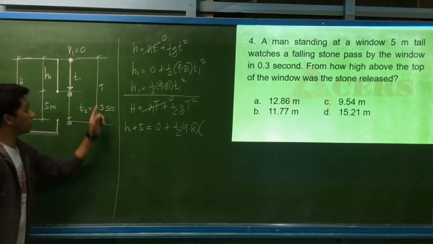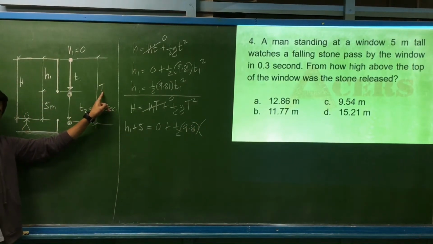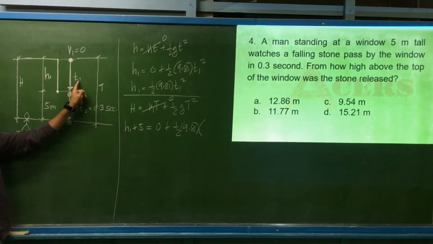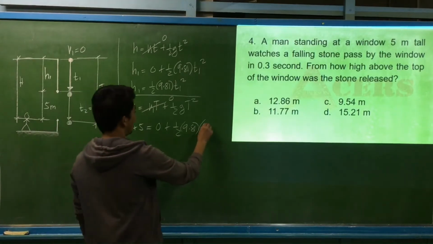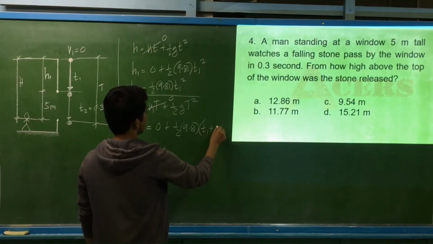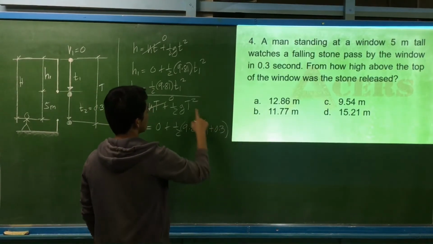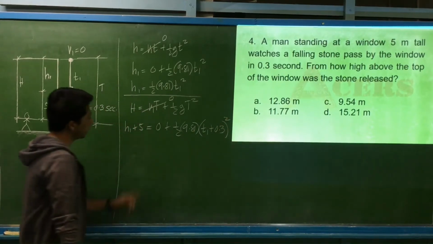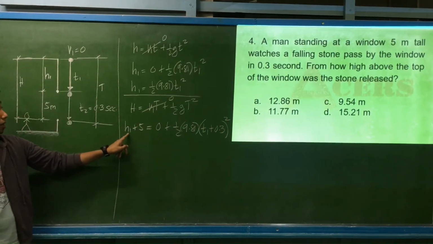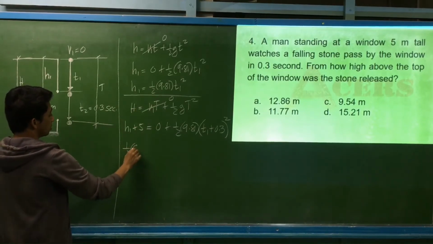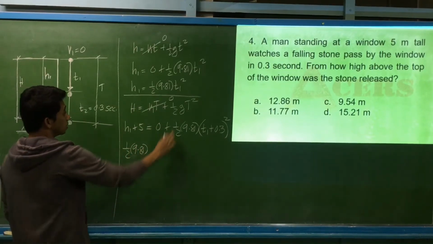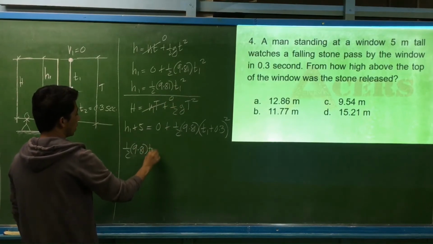What is the equivalent of the total time? So our total time is T1 plus T2, the 0.3 second. That is T sub 1 plus 0.3 squared. Okay? Do we have the equivalent of H1? The equivalent of H1 is 1/2 of 9.81 time number 1 squared.